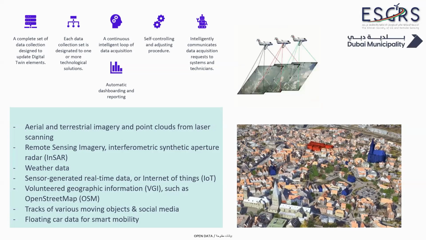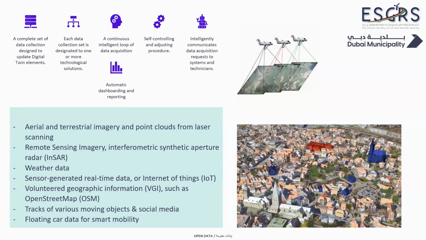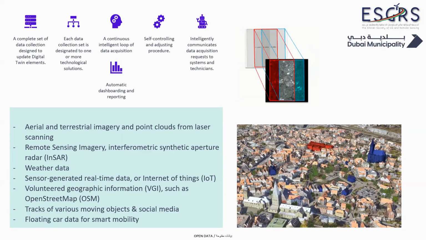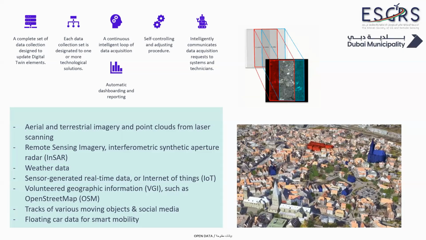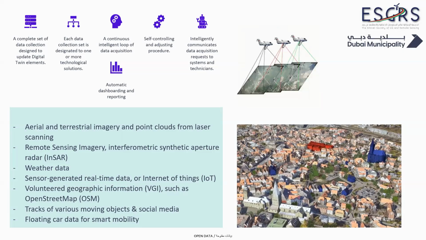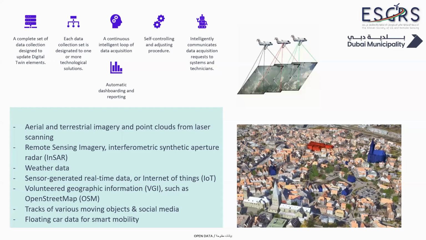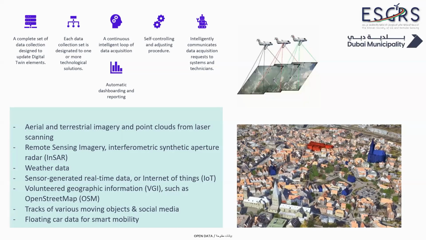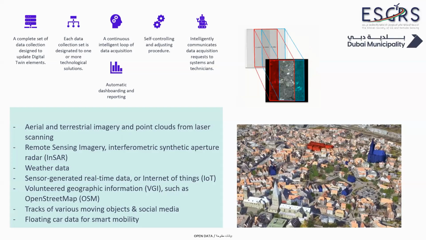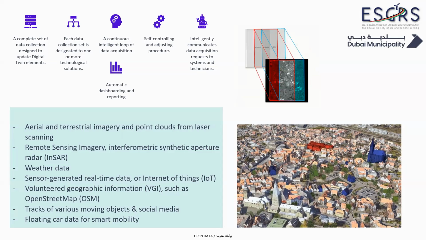So we look into what is needed for what and design the correct data collection method. Design the frequency of data collection, design the proper quality, not over quality, over accuracy, which will need more budget, and not less quality.